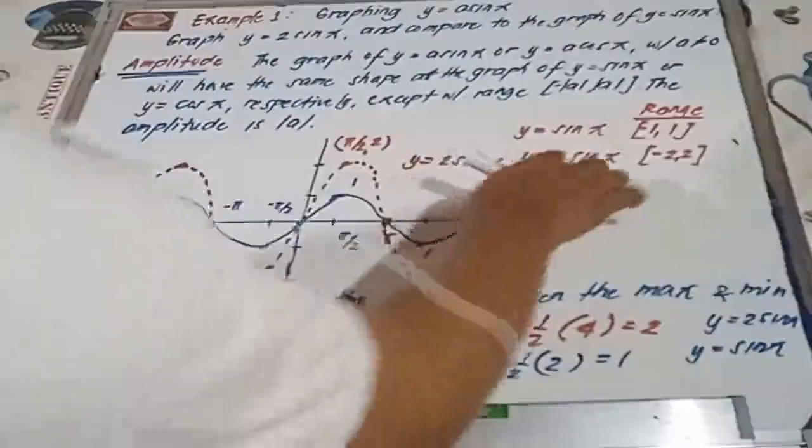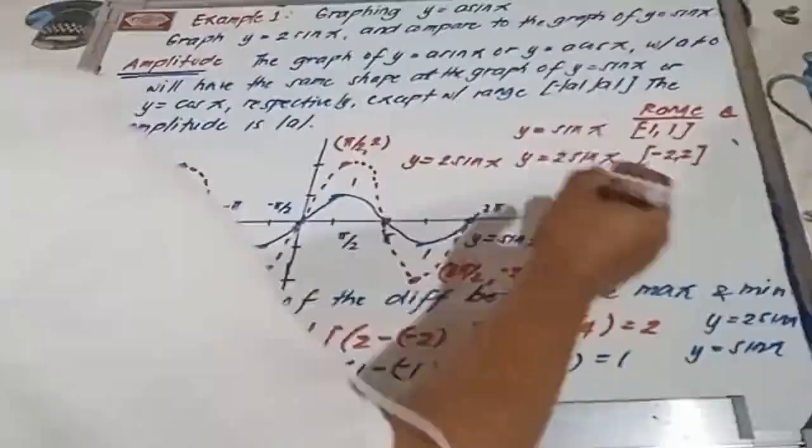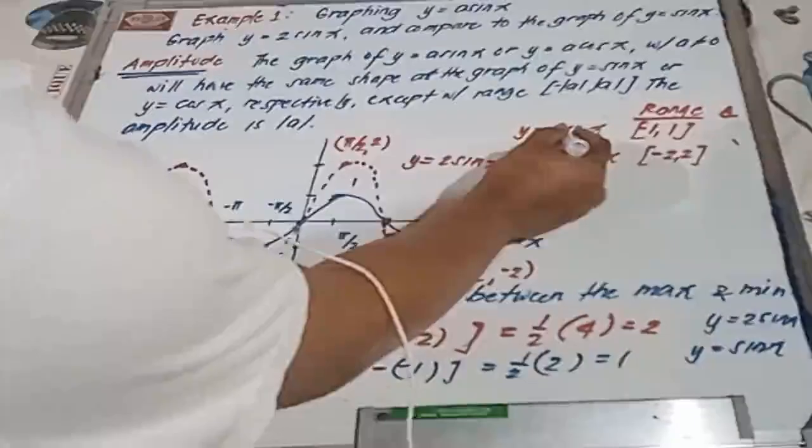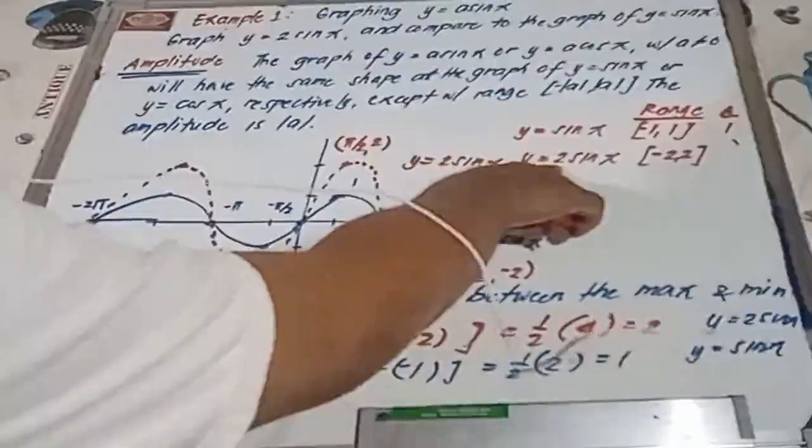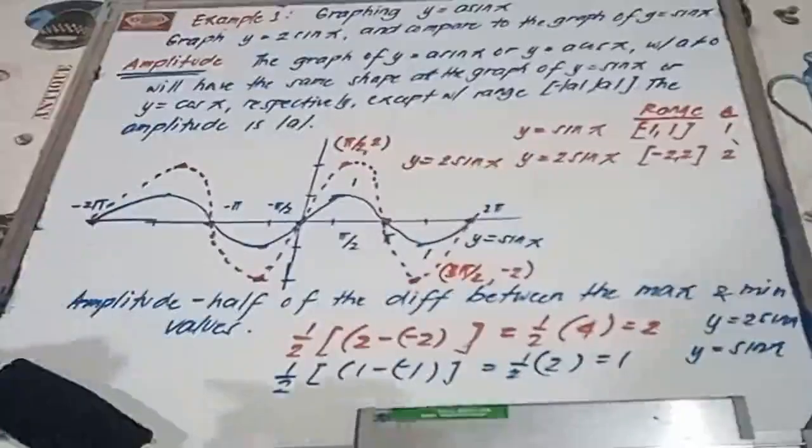So for y equals sine x, the amplitude is the coefficient of the function sine x. The coefficient is 1, so therefore the amplitude is 1. The amplitude of this one is the absolute value of 2, which is 2. So that is how to determine the amplitude.